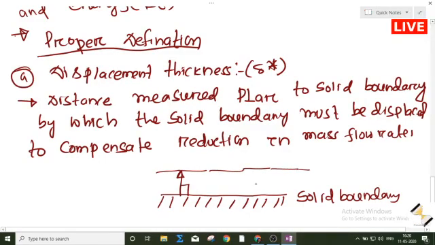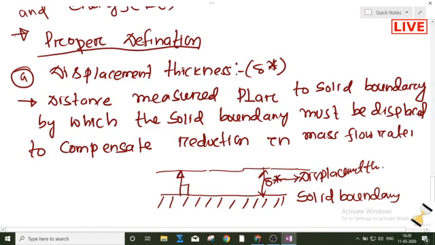This distance is displaced in order to compensate the reduction in mass flow rate. This distance is called displacement thickness.